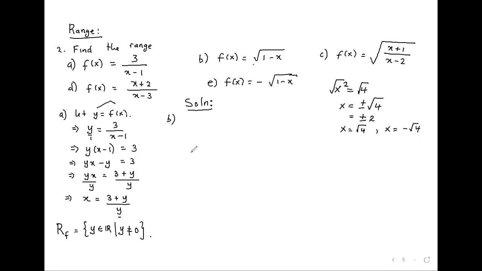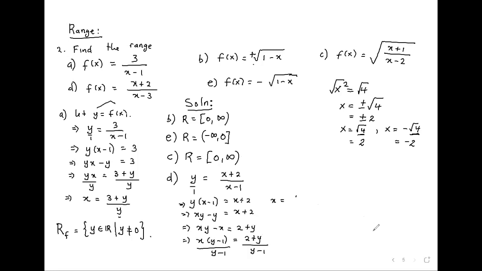If I just have a positive root 4, my answer is going to be positive 2. Because we have a positive here, if there's no sign, it means you have positive outside. It means that the range is going to be, the minimum you can get is 0. All other numbers will be positive. So for E, the range is going to be, the maximum you can get is 0. All other numbers will be negative.